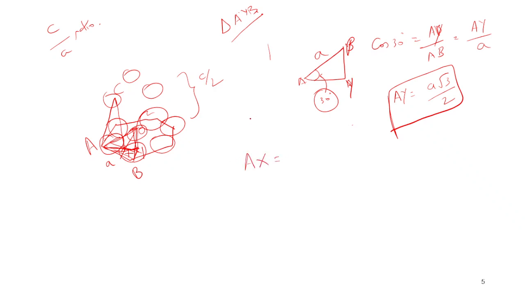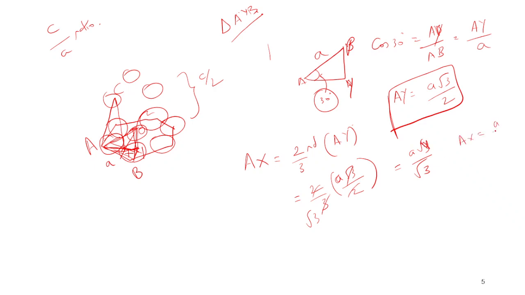We know that AX is 2/3 of AY. So 2 by 3 of A root 3 by 2. These two get cancelled, and we have a root 3 over here. So finally we get AX is equal to A by root 3, right?